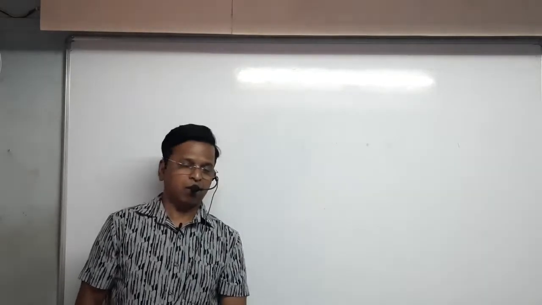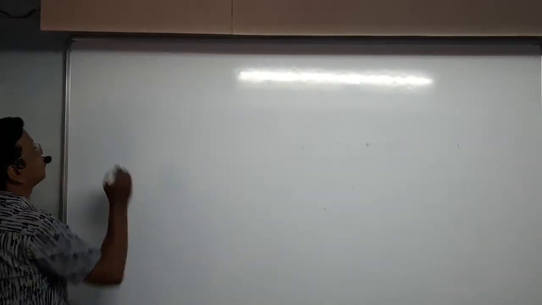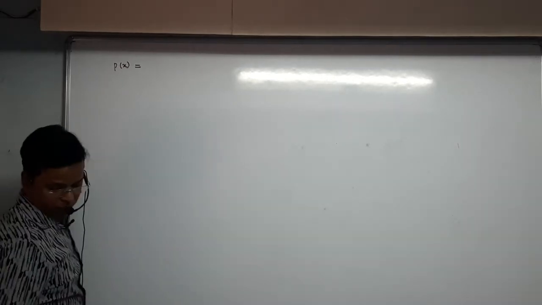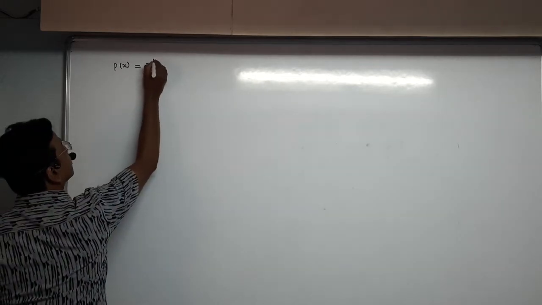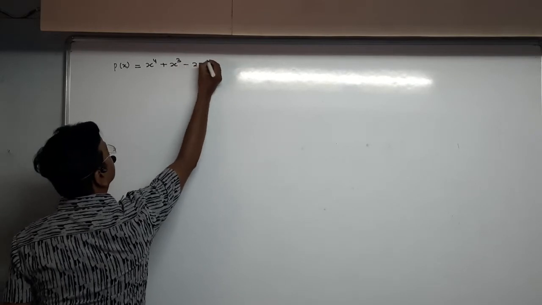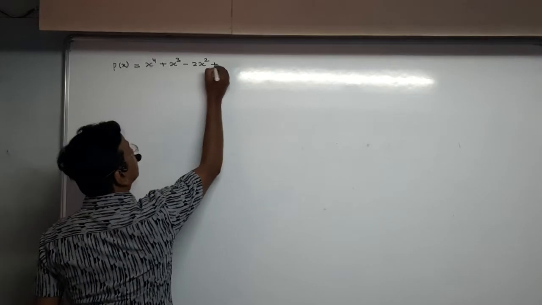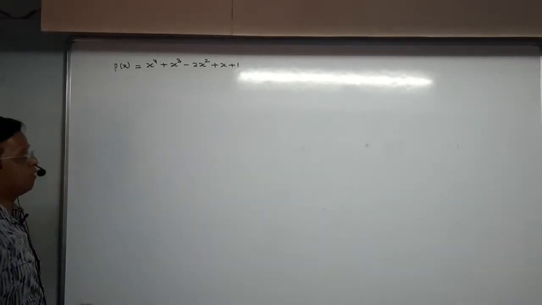See here. Now find the remainder. Supposing we have P of x is equal to x raised to the power of 4 plus x cube minus 2x square plus x plus 1. This is the polynomial.